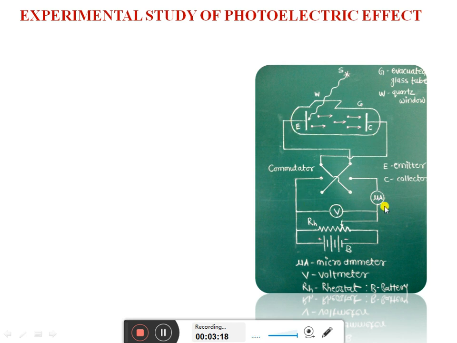So this is the experimental diagram and its construction. So how can we explain it in detail?